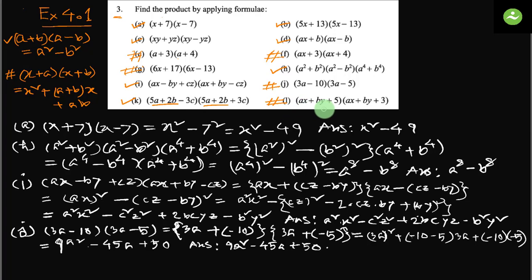L, ax plus by plus 5, ax plus by plus 3. This is different value, 5 and 3. So it should be x plus a and x plus b.